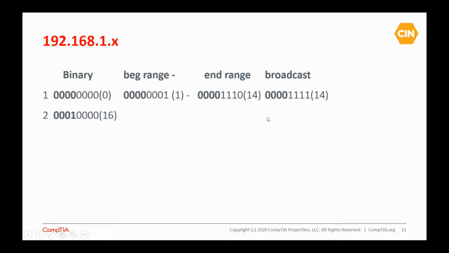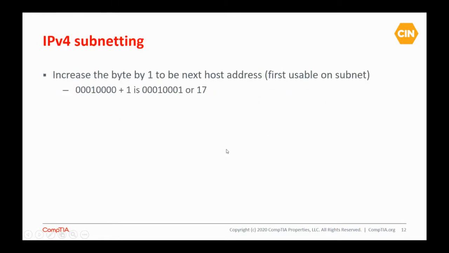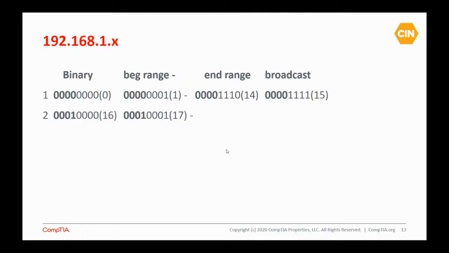In parentheses is always these decimal numbers as I build these charts. For the first host address, we're adding 1 to the 0, so we end up with 00010001. And that converts to 17 because it's a 1 in the ones and a 1 in the 16.